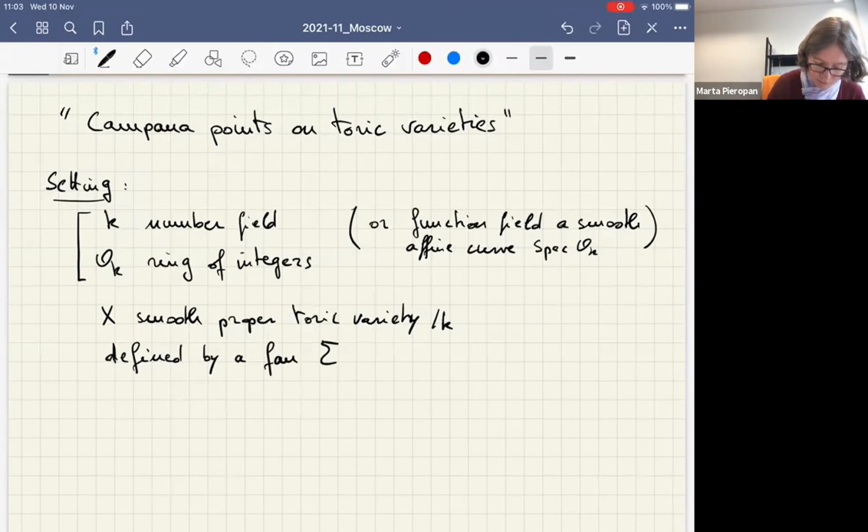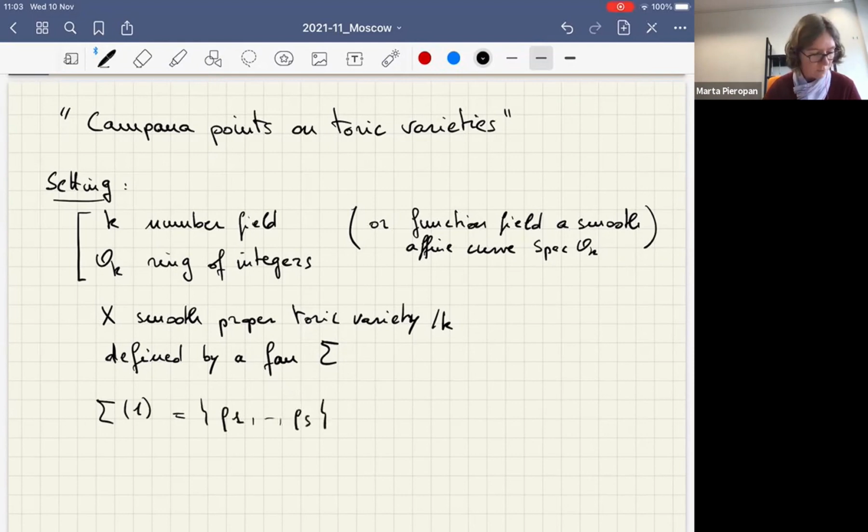And out of this combinatorial data, we're going to keep our mind fixed on the one-dimensional cones. These are the rays. So sigma(1) is going to be my set of rays, rho_1 up to rho_s. We just give them some names.